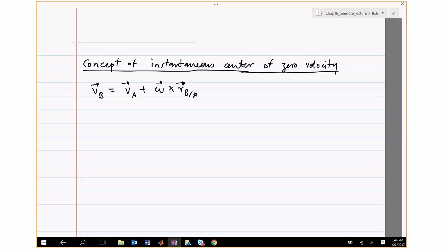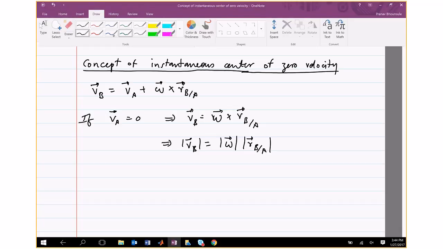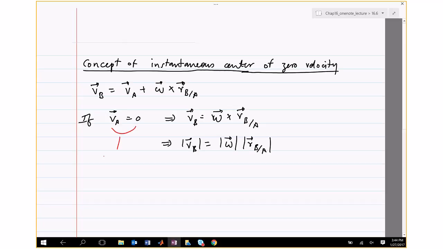Now, if the velocity of A is 0, then we see that VB is omega cross RB with respect to A, or in other words, if you look at the magnitude of VB, it is simply the magnitude of omega times the magnitude of RB with respect to A. So this point A, which has a velocity of 0, is called the instantaneous center of zero velocity.